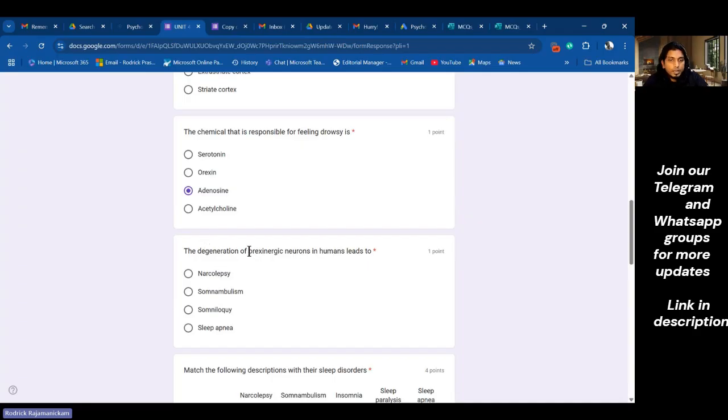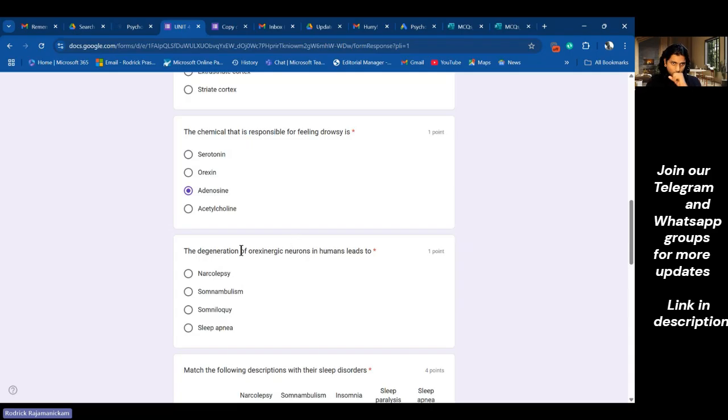Then, degeneration of orexinergic neurons leads to what disorder in humans particularly? It's not somnambulism or somniloquy. They are sleep disorders of slow wave sleep, in which there is excess activation when you're supposed to be completely inactive. There should be lack of muscle tone and all that, but it is not properly suppressed.